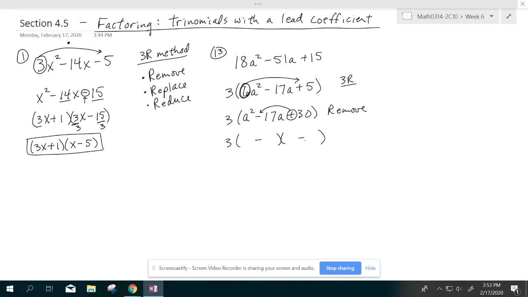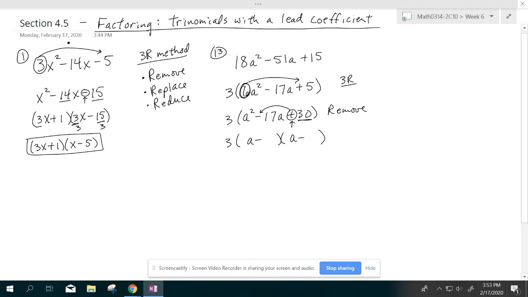If the last sign is a plus, these have to be the same, right? So they're either plus plus or minus minus. You have to look at the first one to see what they are. And then I need an A and an A to make A squared. And last but not least, I need numbers that multiply to make 30.